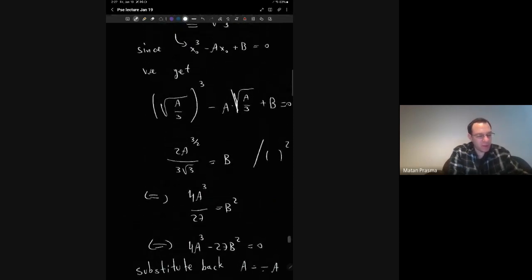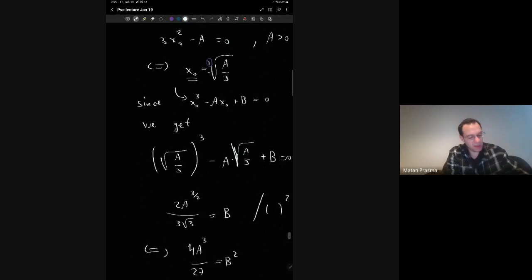What I was a bit sloppy about here, in these equations, I wrote square root, but of course, over a general field, we don't necessarily have a square root of every number.